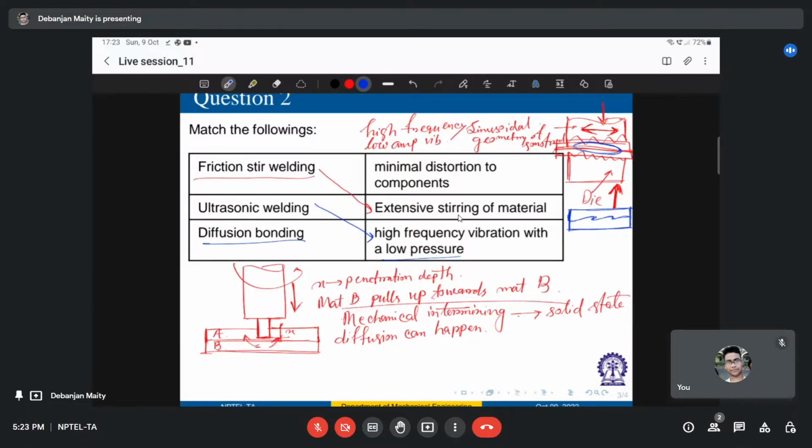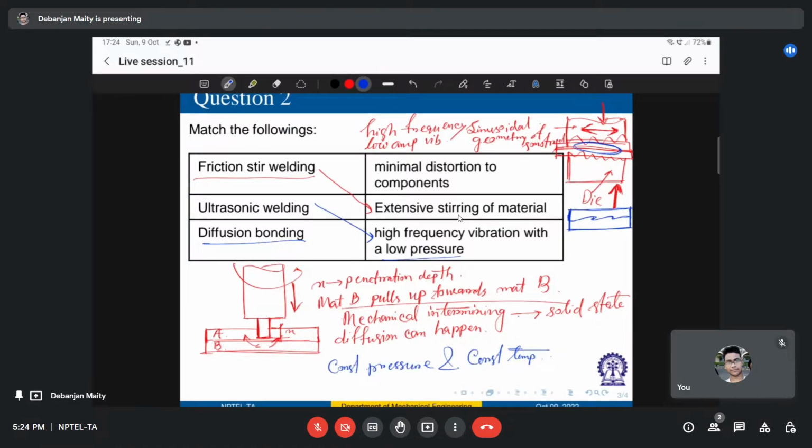This technique is purely dependent on atomic diffusion, and there will be no external force applied. Basically, it is a constant pressure, constant temperature process. So you basically put your workpiece in a furnace where you can apply constant pressure.